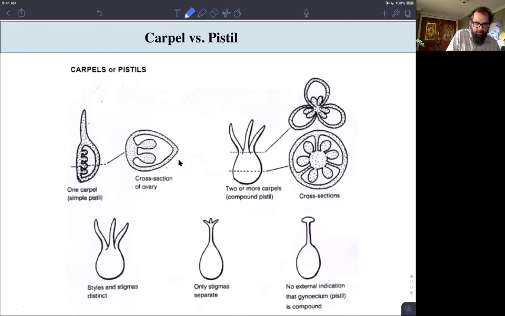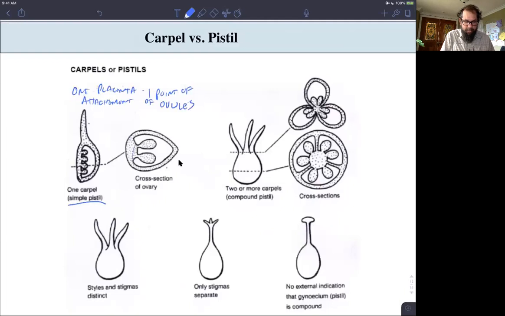So the gynoecium is made up of 1 simple pistil, made up of 1 carpel here. I can tell that because I have 1 placenta, or 1 point of attachment of the ovules. The ovules all attach at 1 point along this 1 placenta, and that's 1 simple pistil.